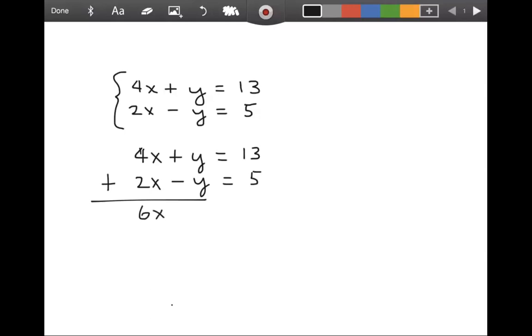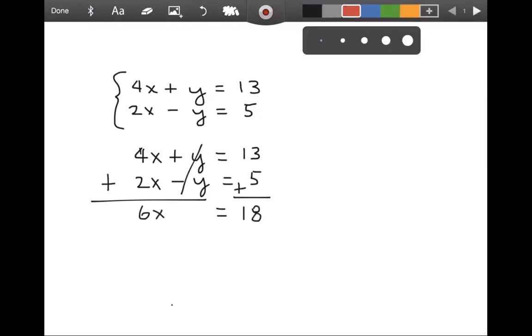Y plus minus y cancels. That's why I'm so happy about this situation. And on the right hand side, 13 plus 5 equals 18. So adding those two equations together gives you 6x equals 18, which of course means x equals 3.